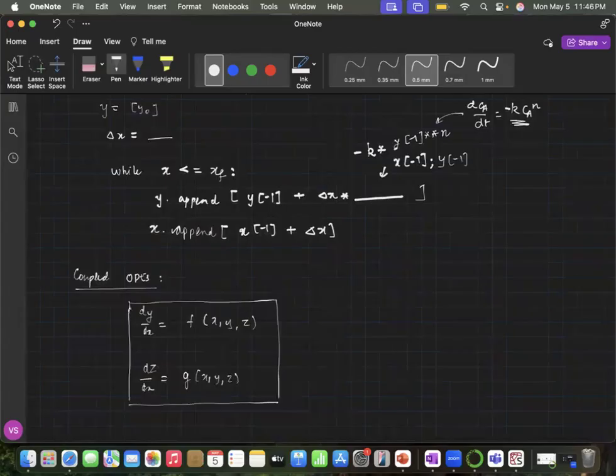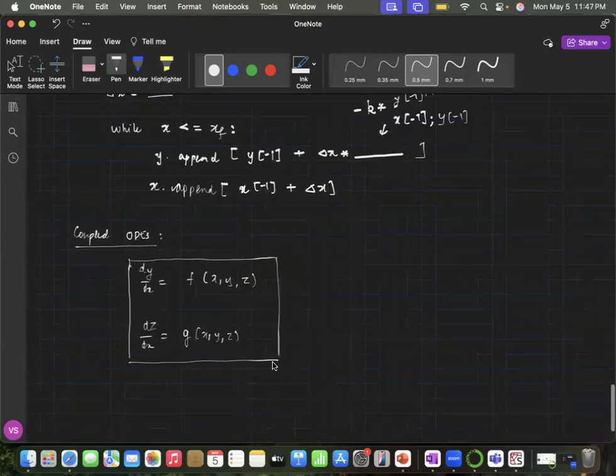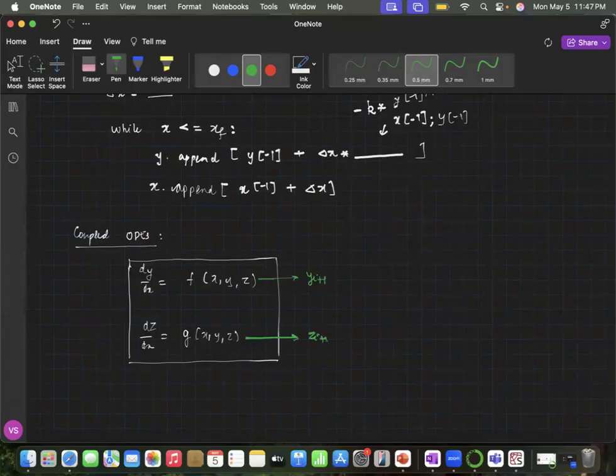Now, if you use implicit methods here, it becomes even more challenging because now instead of solving a single nonlinear equation, you have to solve a system of nonlinear equations, right? But since we are dealing with explicit methods right now, more importantly, Euler's explicit method, this actually becomes very simple. So all you have to do over here is use this equation to evaluate yi plus 1, and use this equation to evaluate zi plus 1.